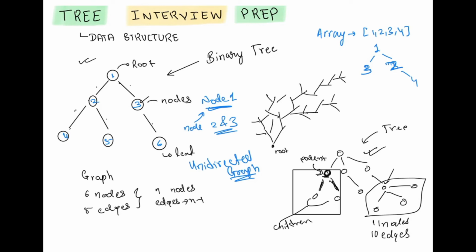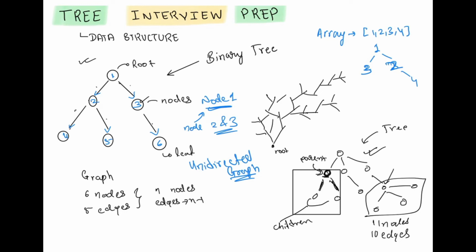So unidirected simply means that the nodes can connect in one direction, like we can go from parent to child, but we cannot go from child to parent. Bidirected would mean we can go from parent to child and also from child to parent. Think of it as a single lane highway.